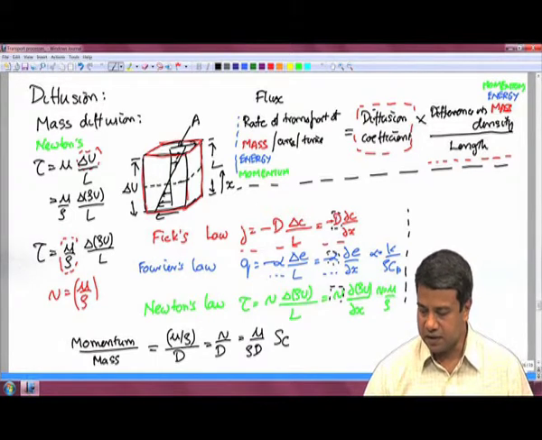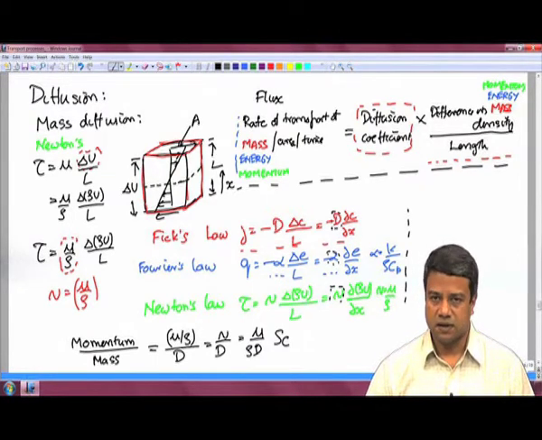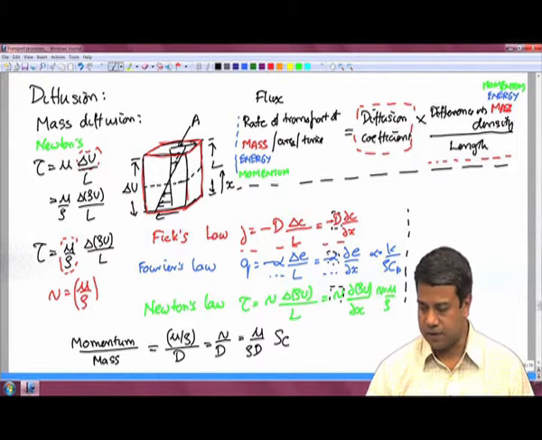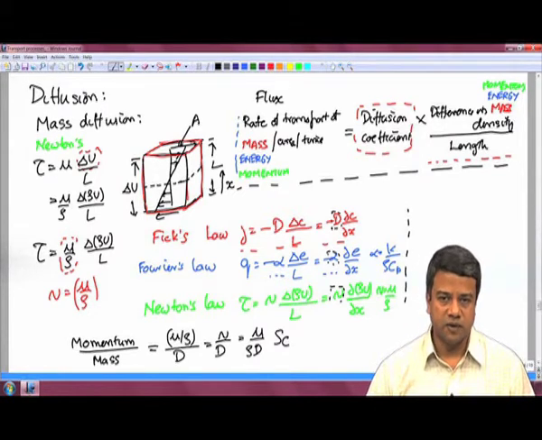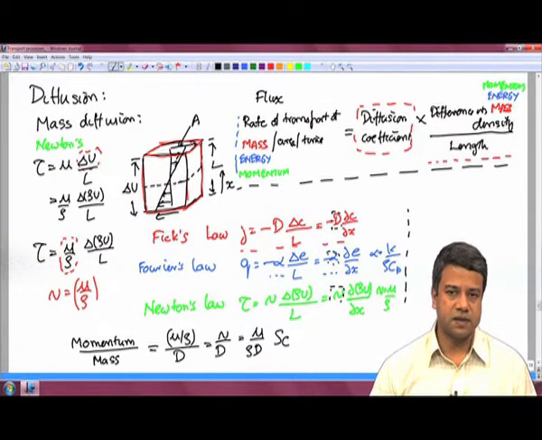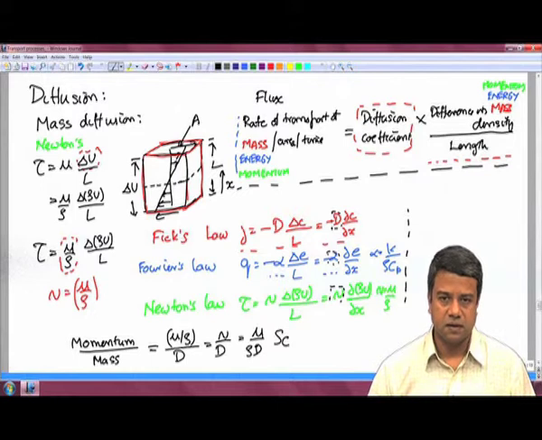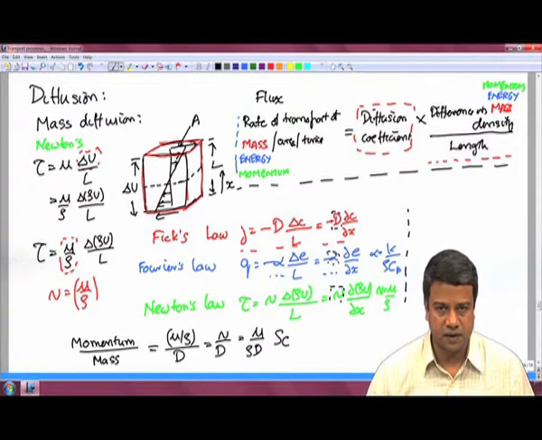And from these we get the diffusion coefficients: the mass diffusion coefficient for mass, the thermal diffusion coefficient for energy, which is written as k by rho Cp, and the momentum diffusion coefficient for momentum, which is the ratio of the dynamic viscosity and the density. So, these are the 3 diffusion coefficients. All 3 of them have dimensions of length square per unit time.